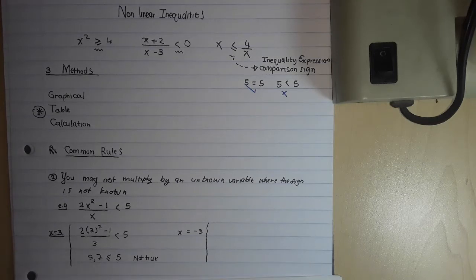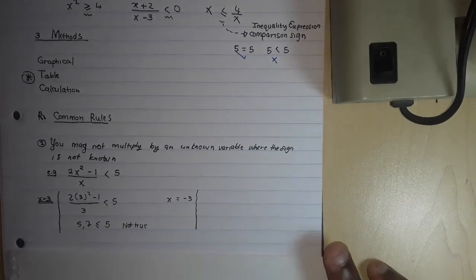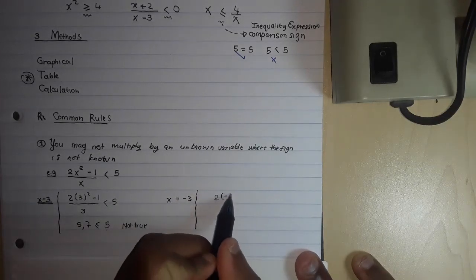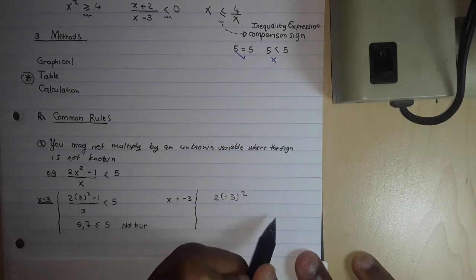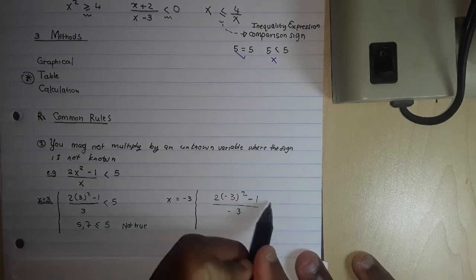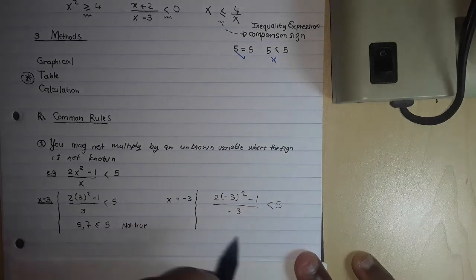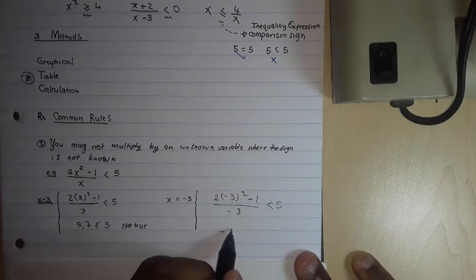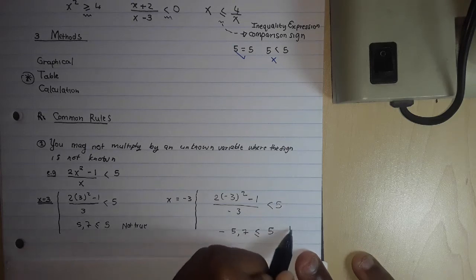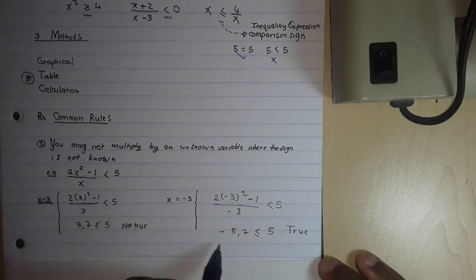But on the other hand, if we substitute x equals -3, we'll have 2 times -3 squared minus 1 over -3 less than 5. If we simplify this, we'll have -5.7 less than 5. This is obviously true, because a positive 5 is greater than a negative 5.7.